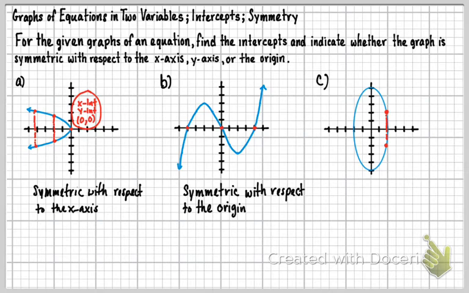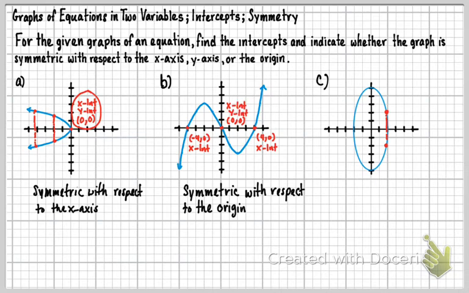So this first one here, this is 1, 2, 3, 4. So 4, 0. And that would be an x-intercept because it's crossing the x-axis there. And I have this one over on the other side, that's going to be negative 4, 0, and that's also an x-intercept. And this one in the middle here, 0, 0, it's on both axes, so it's an x-intercept and a y-intercept.